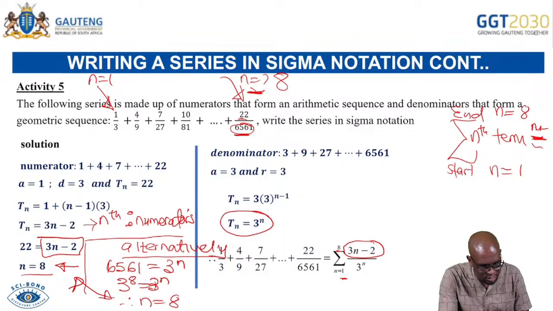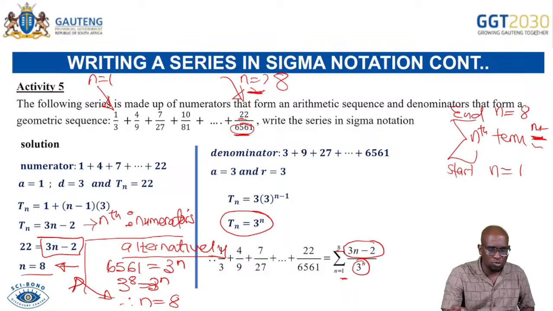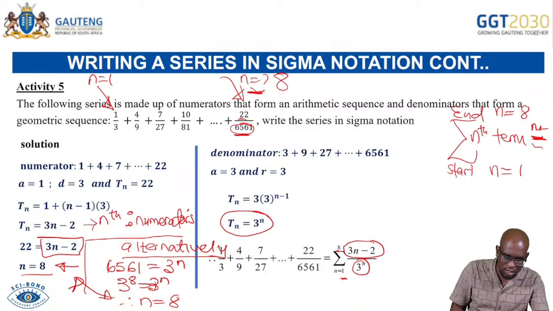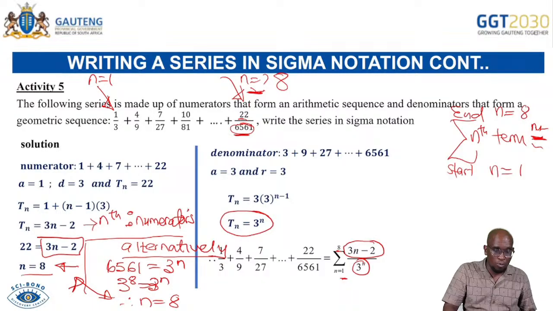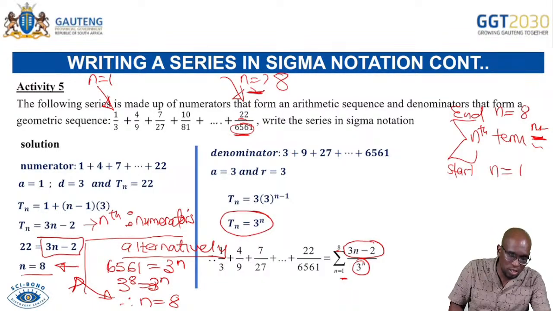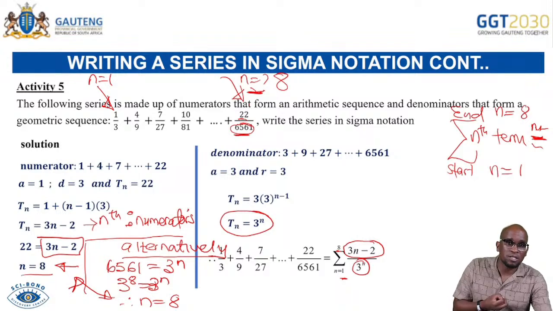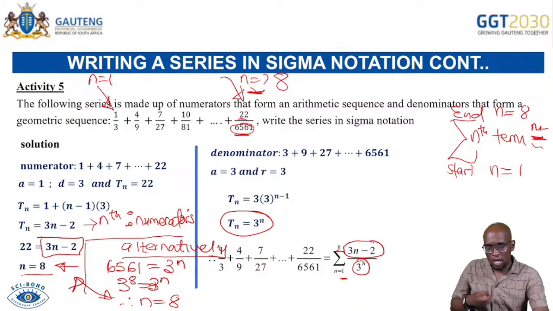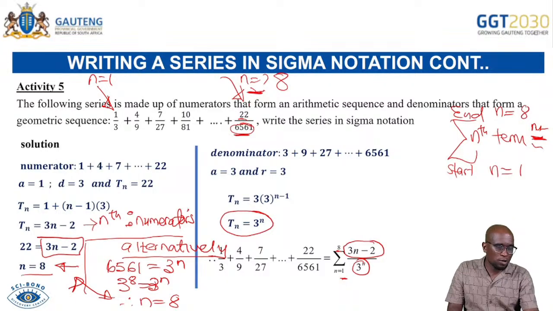The denominators have a general term 3 to the n, so this would be a Tn for the denominators, and that would complete what we actually wanted to work out. I hope that it makes sense. So such problems are problems you should be able to work with. You should be competent in solving such problems. Right, we move on.